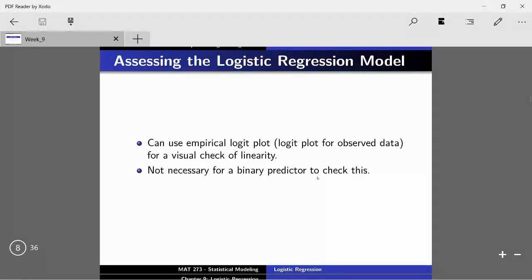If it just has two levels, this assumption won't really be violated ever, because it's just not possible to have this nonlinearity when we'll just have essentially two blocks of points because of the two levels of the predictor variable. But for a continuous predictor, this can help inform us of potential transformations that are needed, or if just some weird patterns in the data are going on. And we'll look at an example where that's the case.